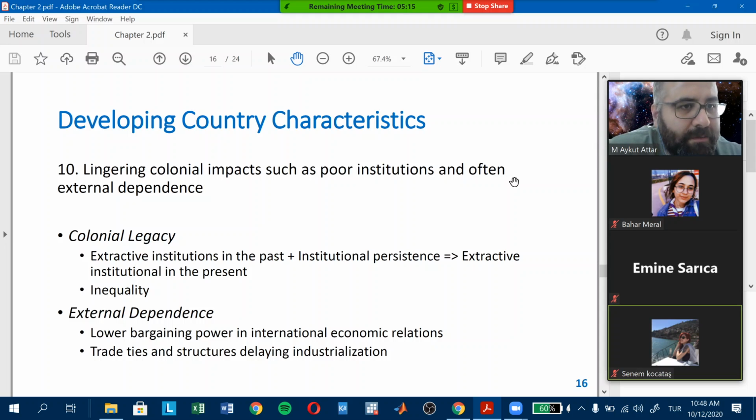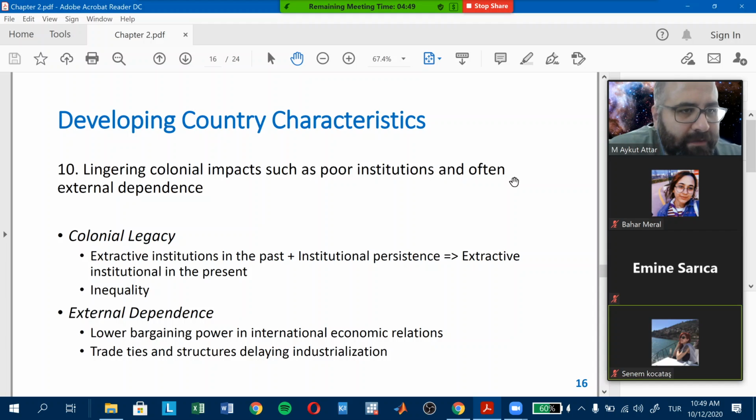Another is inequality, because inequality itself is affected by, and affecting, the development outcomes. Institutions, especially if they are extractive and not inclusive, create an economic and political environment that supports higher inequalities.